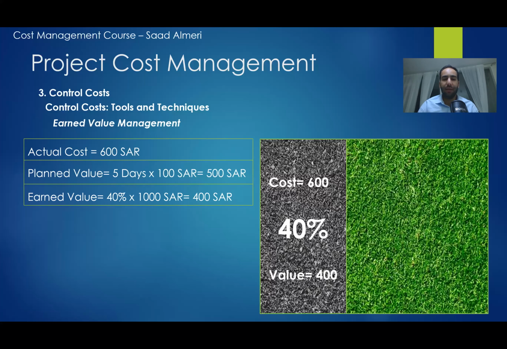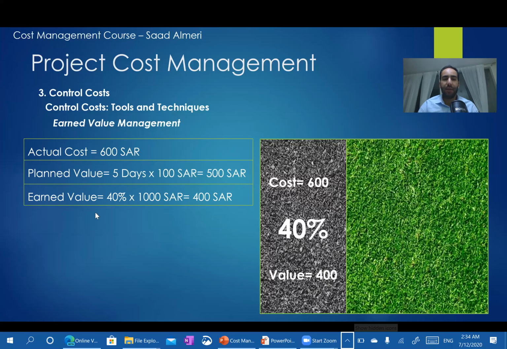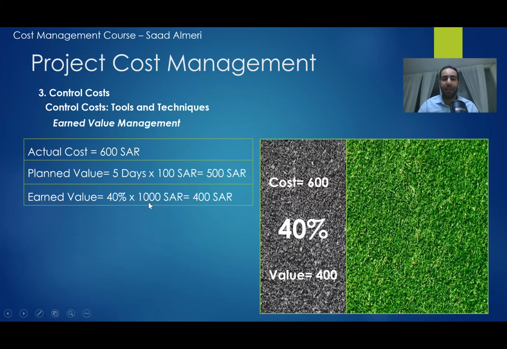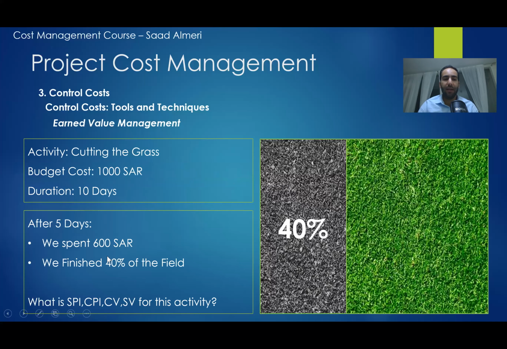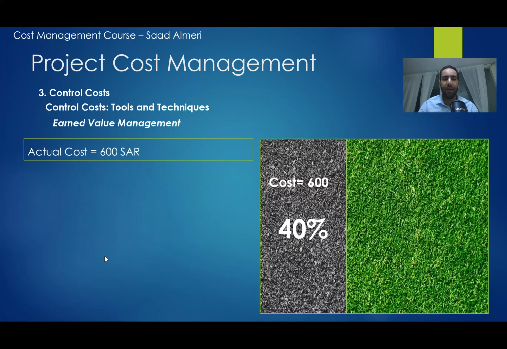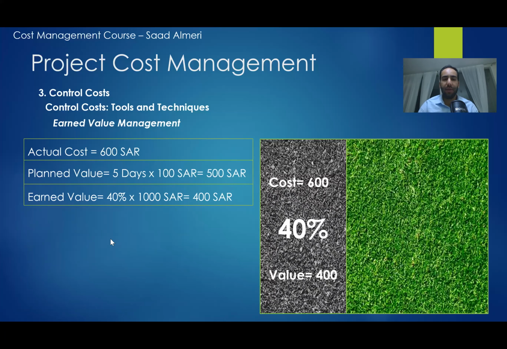The earned value in this case equals 40% multiplied by 1,000. The 40% is the progress that we have, multiplied by the full budget. So this is the earned value of 400 Saudi Riyal, and it equals the value for the accomplished work.